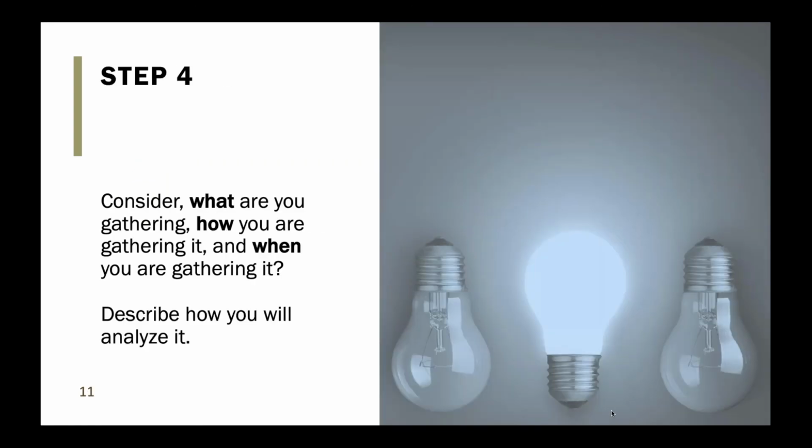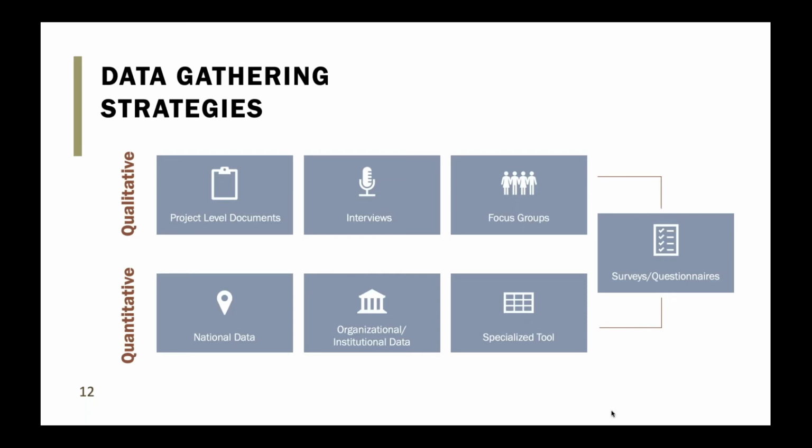The other element that we talked about last time was in regards to the data gathering process. So step 4 talked about considering what you're gathering, how you're gathering it, and when you're gathering it, and then describing how you'll analyze it. We talked about data gathering strategies and what types of data can be gathered from a qualitative and a quantitative standpoint.